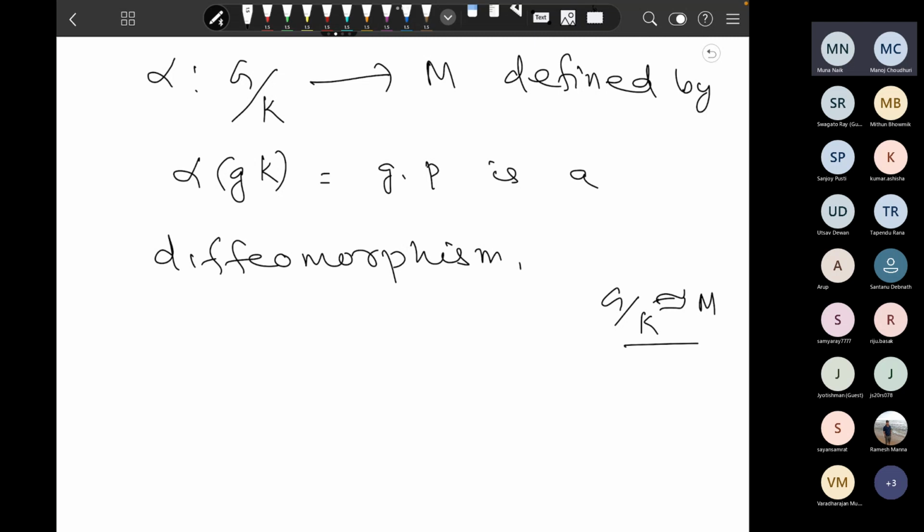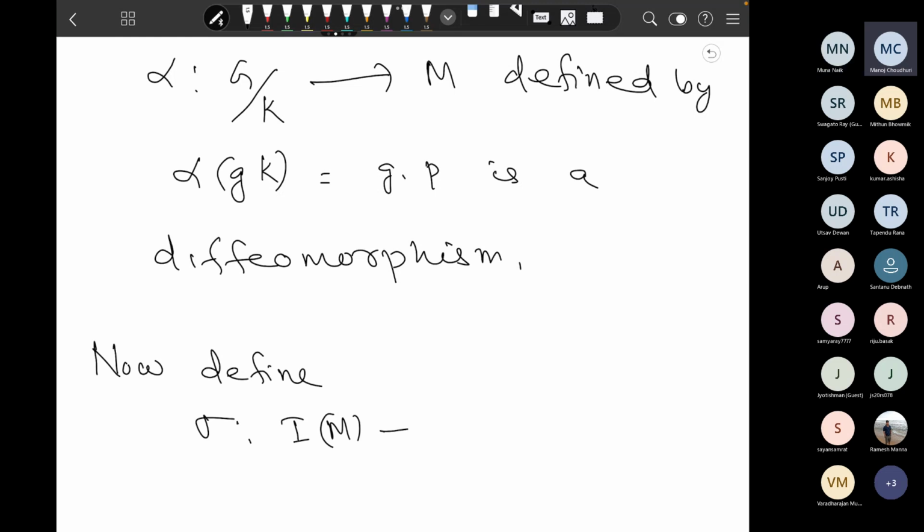Okay, so now we really define this sigma from I(M) to I(M).